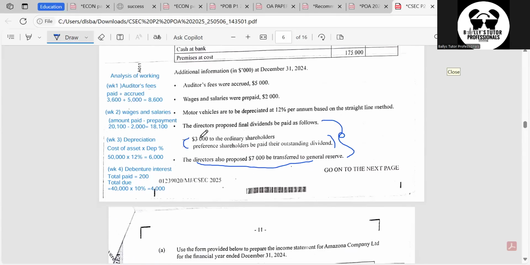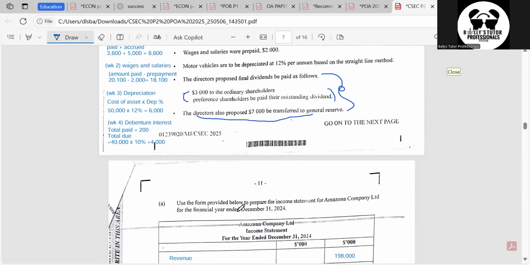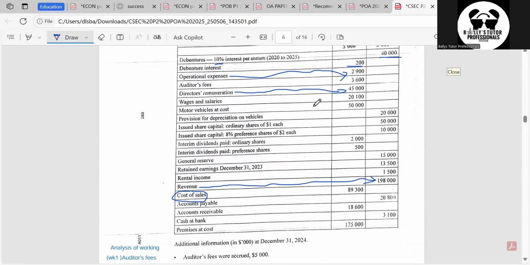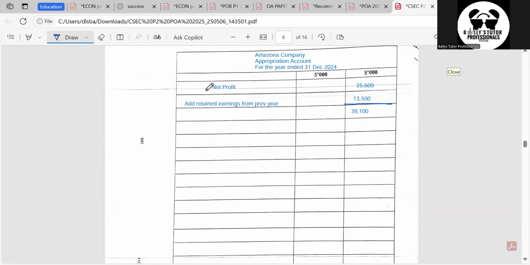So our total ordinary share dividend is 3,000. Even though we paid 2,000 of it already, we're still going to record the full 3,000. And we're going to record the full preference shares. Because they said preference shareholders to be paid the outstanding dividend, meaning they're getting the full preference share dividends. And preference share dividends is 8% of their total value. So 8% of 10,000. So I'm going to minus proposed dividends, both interim and the final dividends.